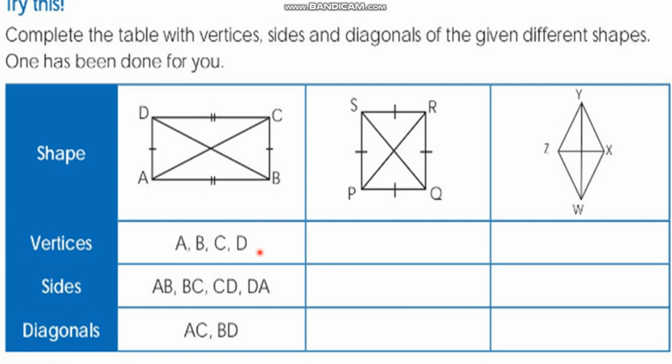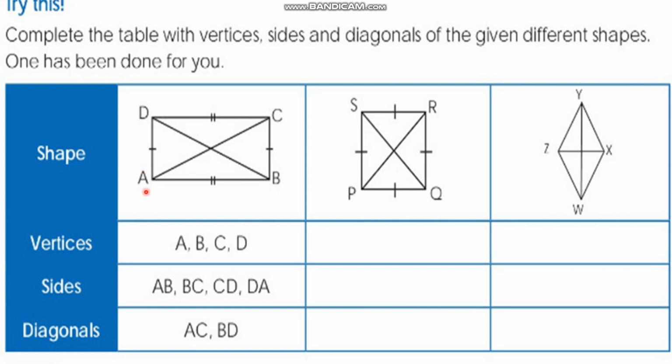Got it, children? Okay. Now, which are the sides? How can we name the sides? Look, A, B. AB is a side, comma, BC. BC is a side, comma, CD. CD is a side, comma, DA.